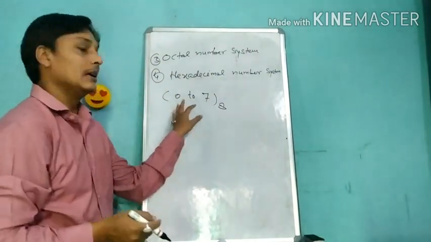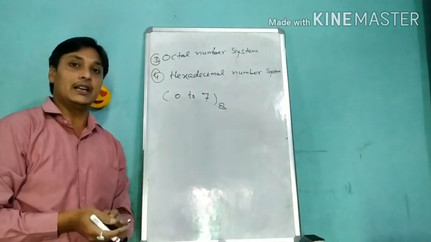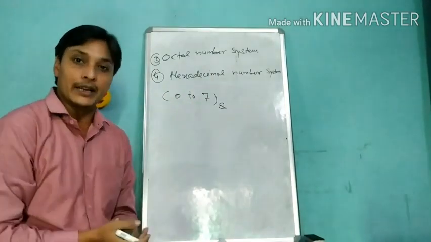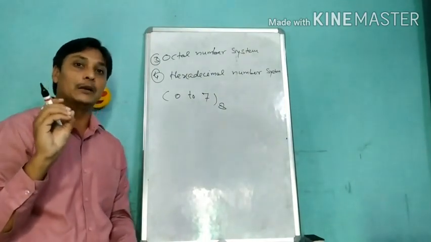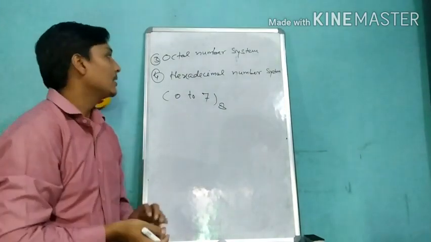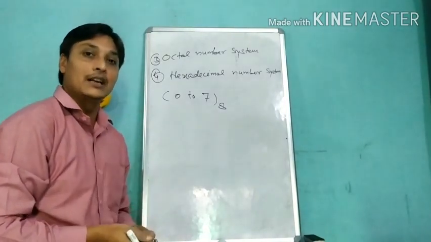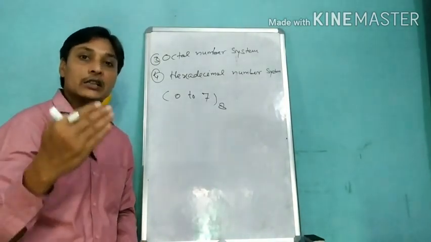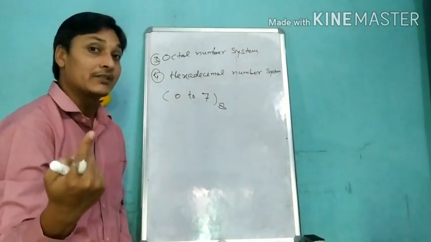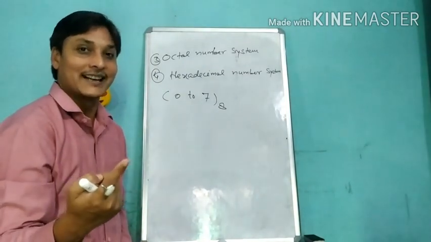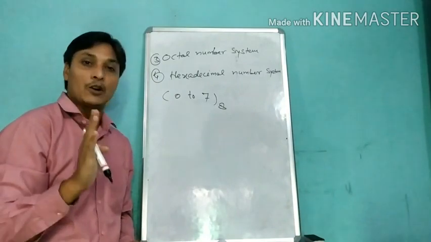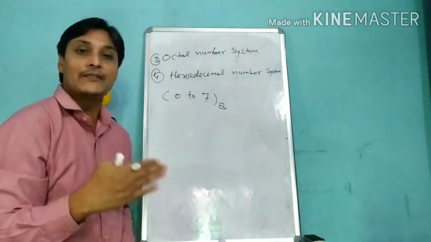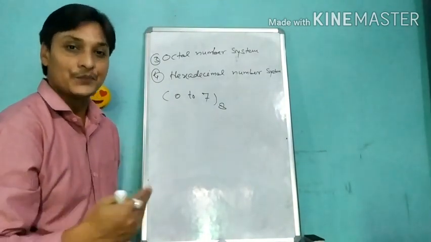Clear? Such a number system is known as the octal number system, where the numbers come between 0 to 7 and the base will always be 8. Never forget, the base will always be 8.